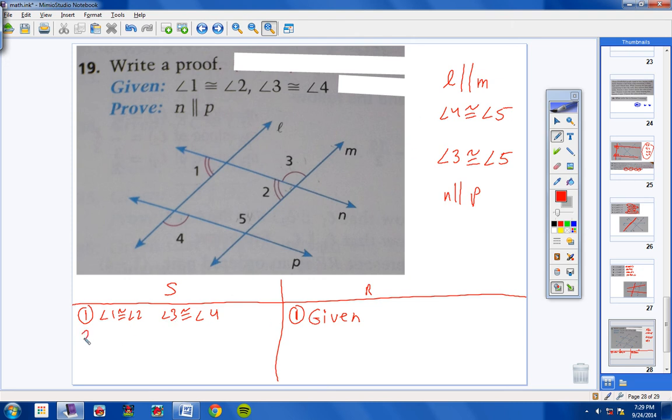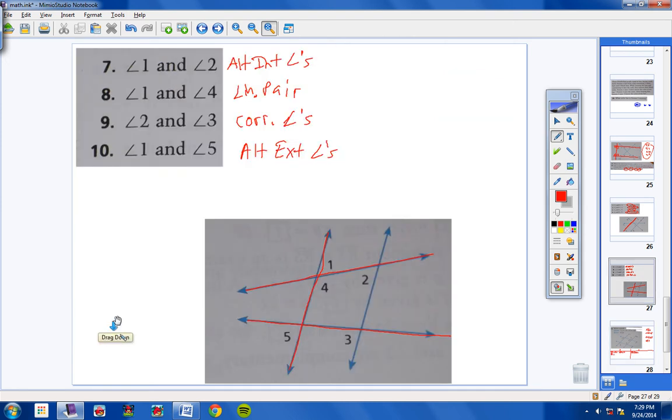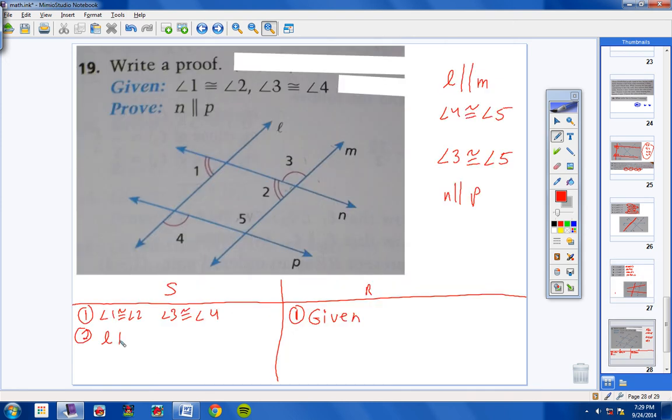Next, I can state that L is parallel to M. And of course I can state that because look right here, I have angle 1 congruent to 2, that's in my given right here, and they're corresponding angles, so I can state that L is parallel to M because corresponding angles are congruent, okay?